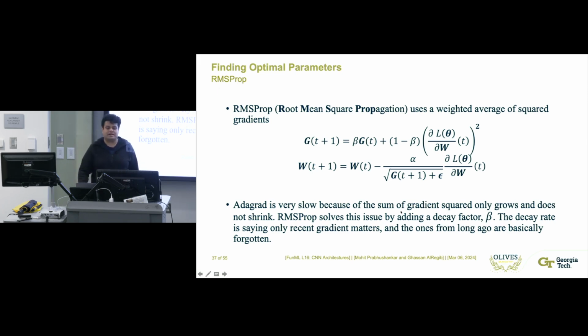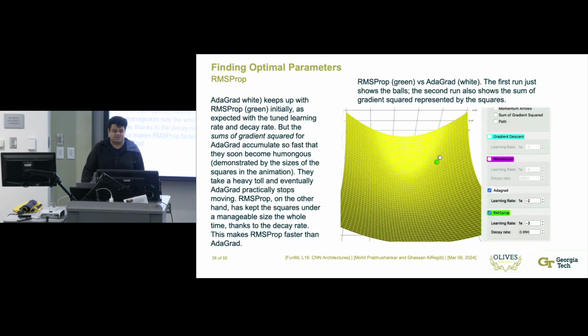It solves this by adding beta, which we call a decay parameter. Decay rate is saying that only recent gradients are more important in your optimization framework, rather than all the previous gradients that had existed. So this is kind of like a demo.